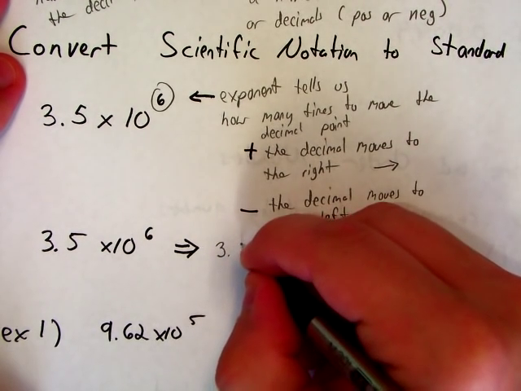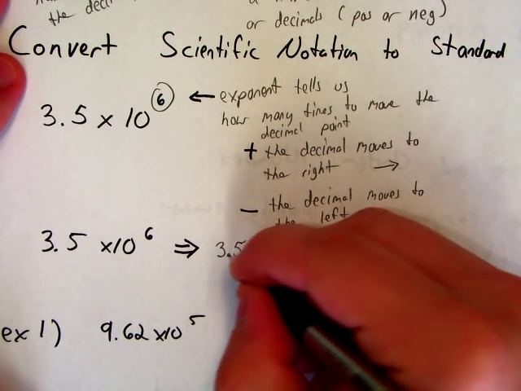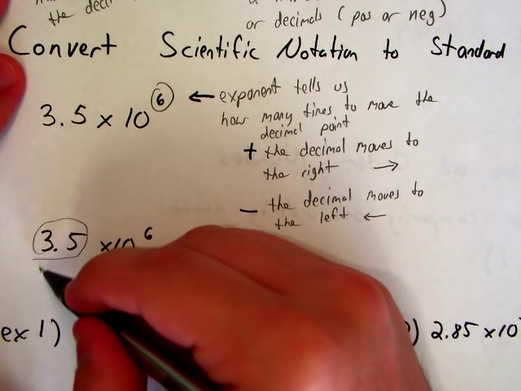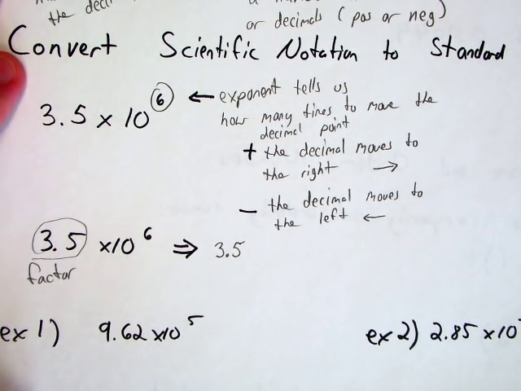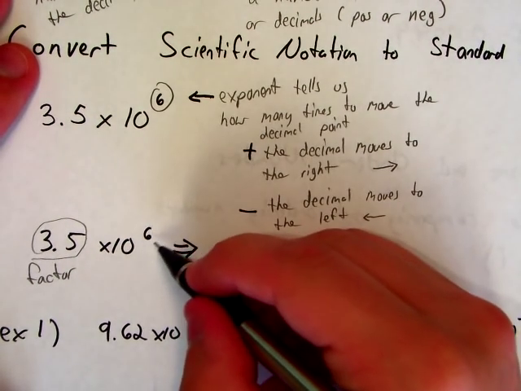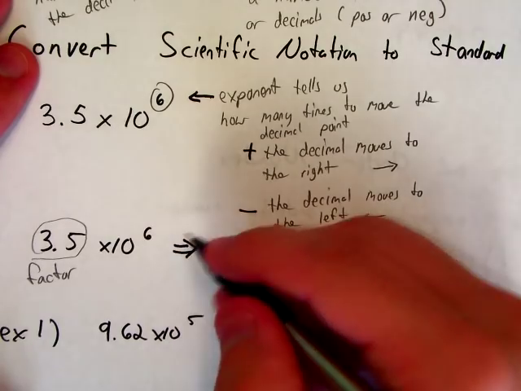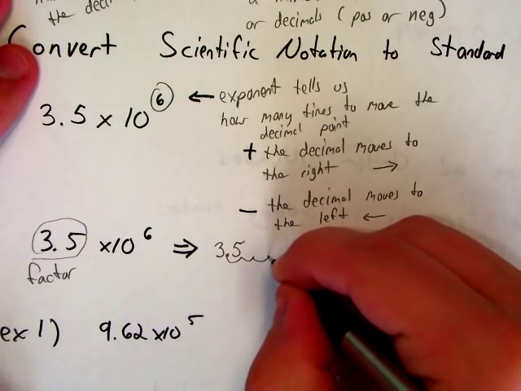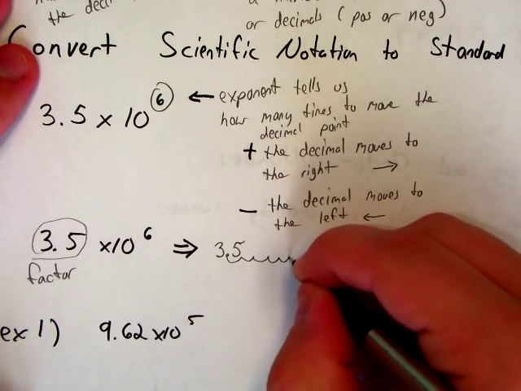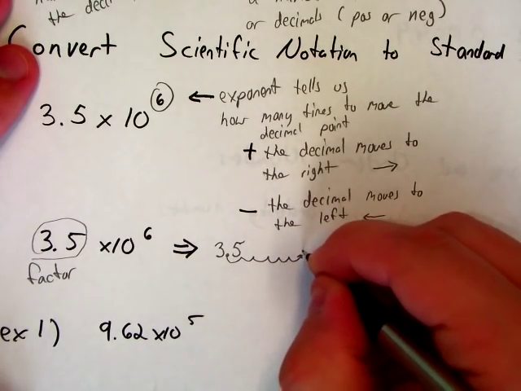So I'm going to write down the factor, which is what this number is called. 6 places is the exponent. So we go 1 place, 2, 3, 4, 5, 6.